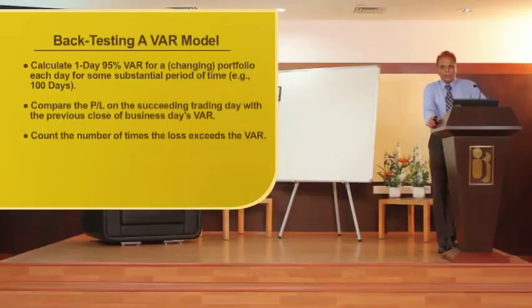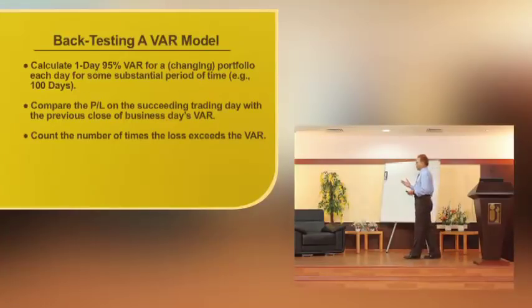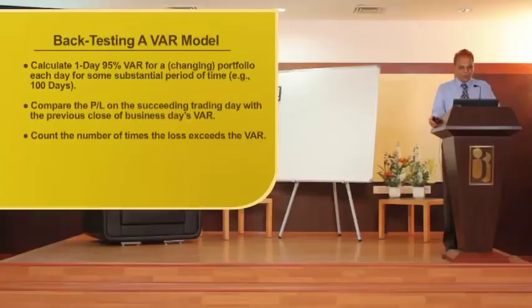Backtest is done by actually computing the P&L for a day, taking the real market values and then going back and checking whether your VAR numbers exceeded the actual loss, notional or whatever you have calculated. So whatever P&L you calculate on the succeeding day should be less than the VAR.